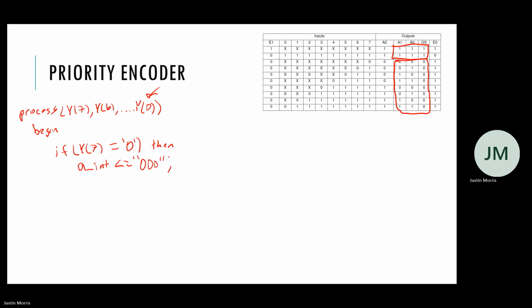And then what's the next thing in this? Which, else if? And A internal becomes? Would you default to make the 111 result?